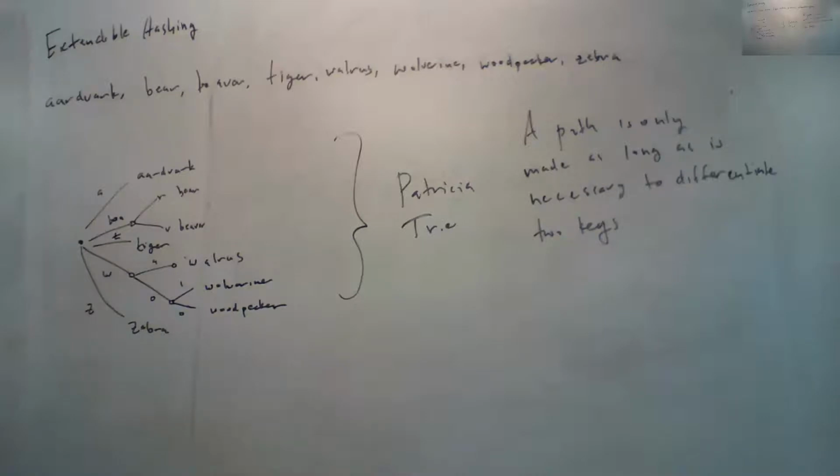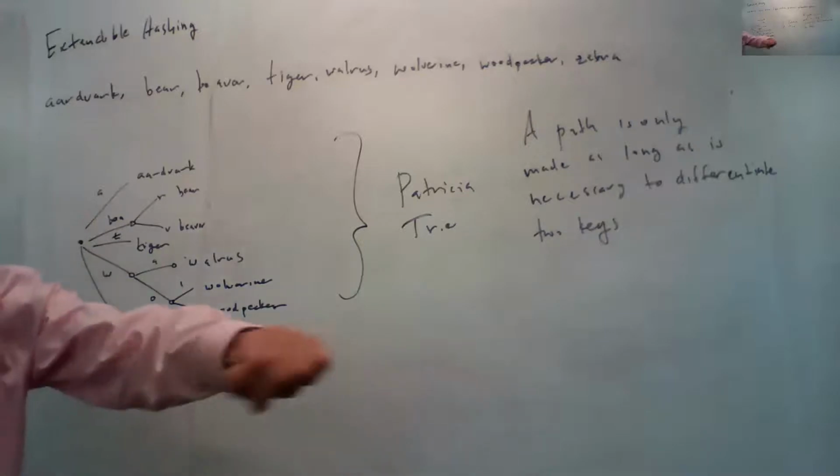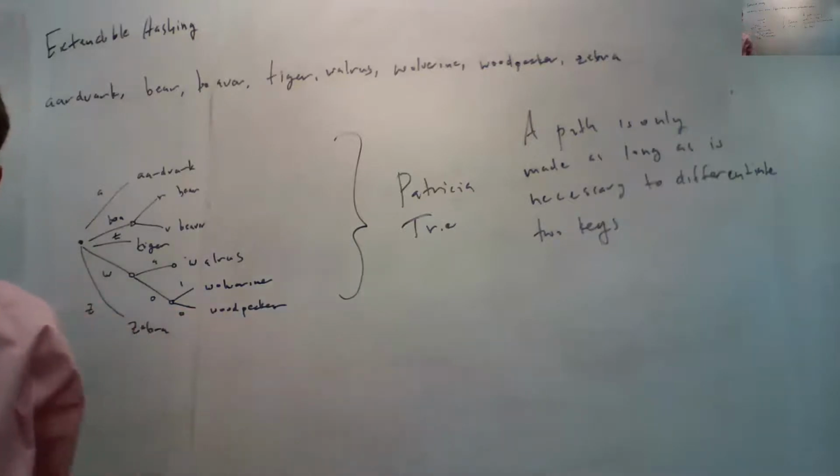And so that's the reason why we're talking about tries. It's just that they form the basic idea behind how extendable hashing is going to work. All right, any questions about that before I move on to the extendable hashing part of the lecture?